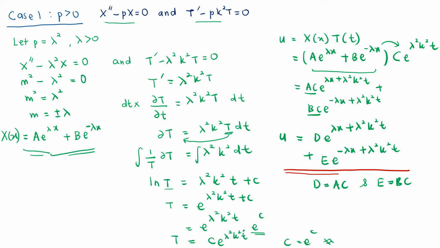So this is the solution when p is greater than 0. Now, the next one I'm going to show you is case 2, where p is equal to 0.